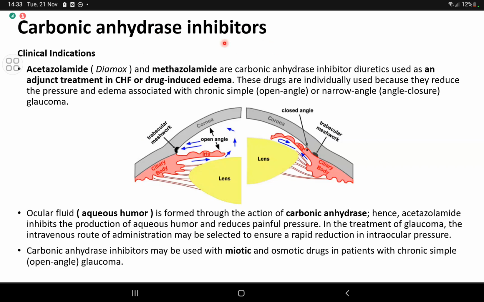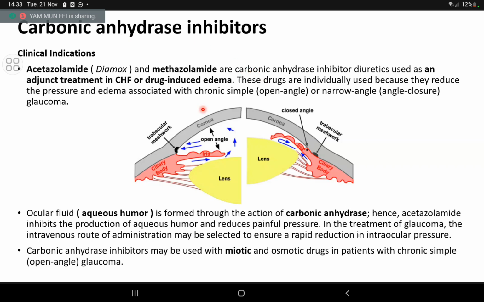Since it is an inhibitor, it means the drug inhibits this enzyme, carbonic anhydrase. The examples are acetazolamide and methazolamide. These two are the famous examples of carbonic anhydrase inhibitors.